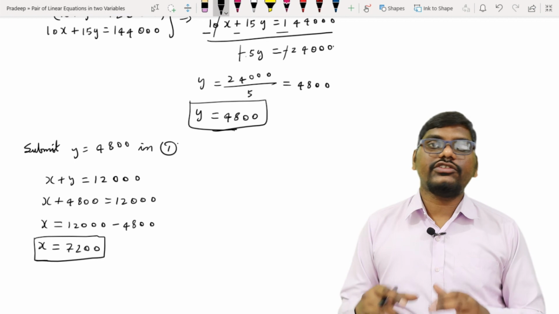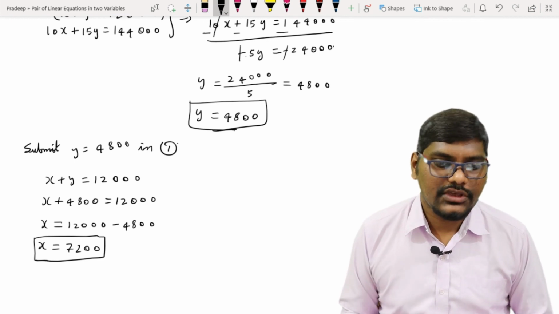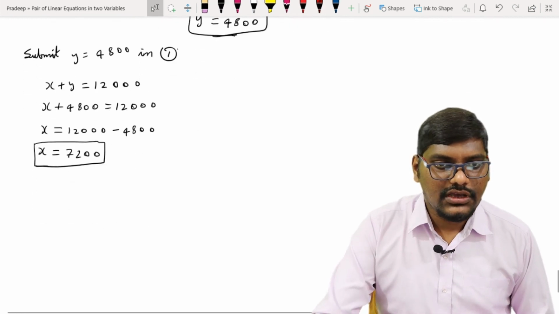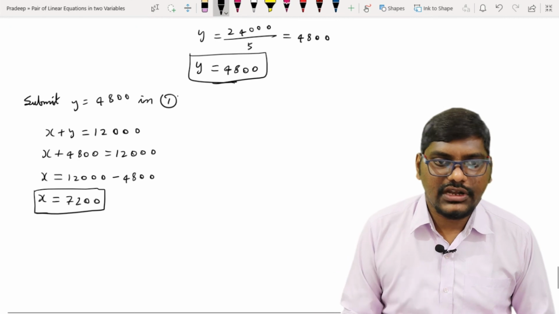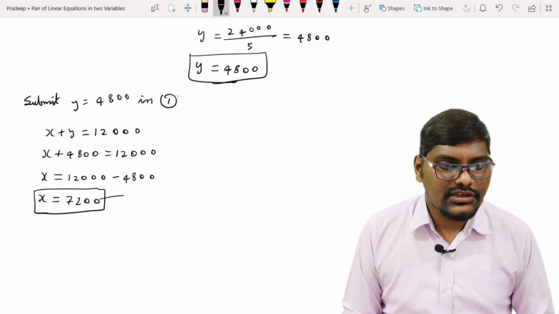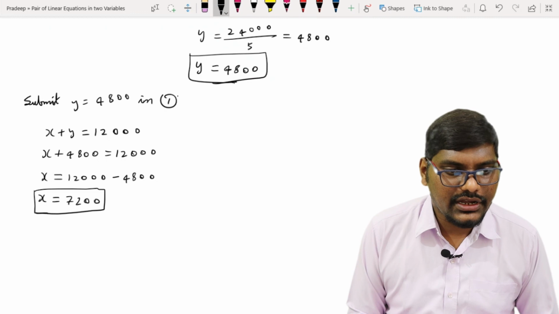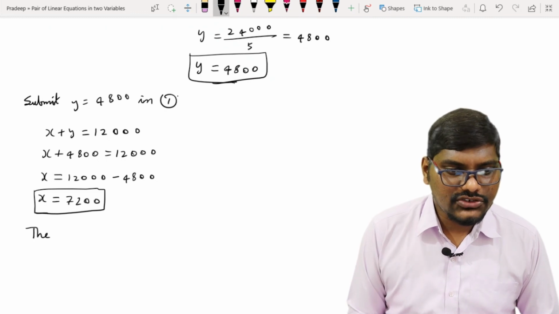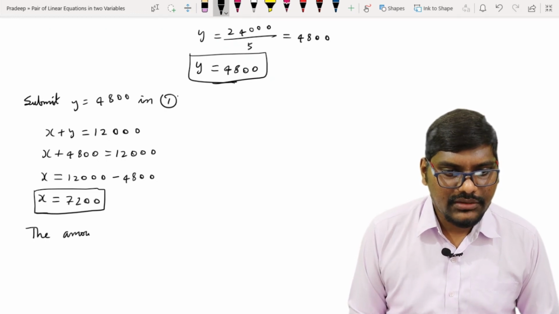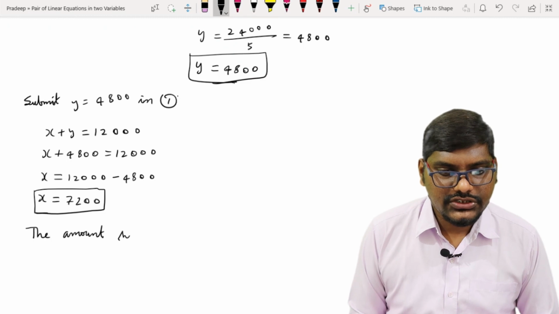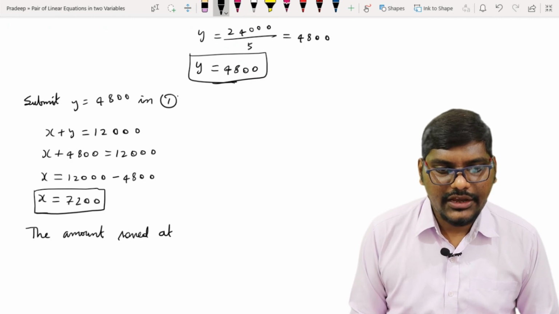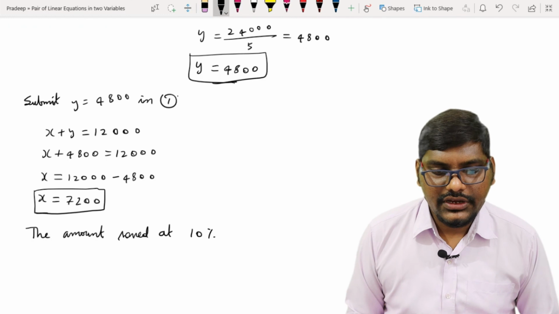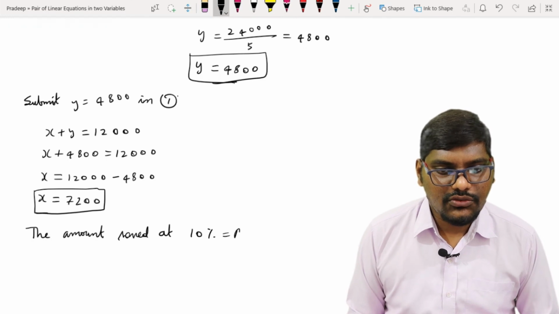Now for the amount saved in the two schemes, we will write the conclusion. In one scheme we got 4800, in the second scheme 7200. So the amount to be saved: the amount saved at 10% is how much? It was rupees 7200.